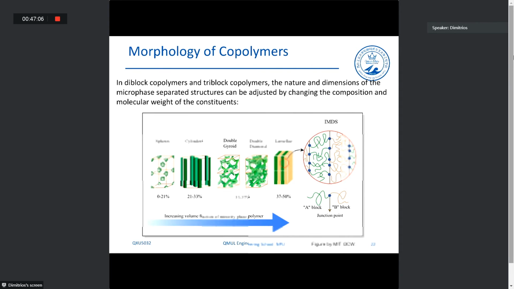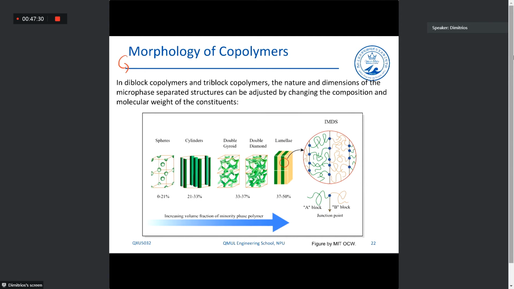As I told you, the morphology of copolymers is a very important characteristic and the reasoning behind the fabrication of the copolymer, because by controlling the morphology of copolymers, we create these nanoscopic patterns with a high degree of regularity. Okay.